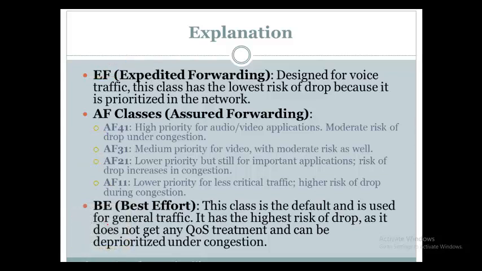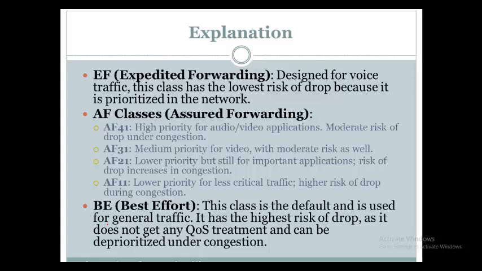Assured forwarding has various classes. We are going to see that in coming pages. I showed you the table a few minutes before. You need to understand that to understand AF. Whereas EF and BE, there's nothing much to understand here.